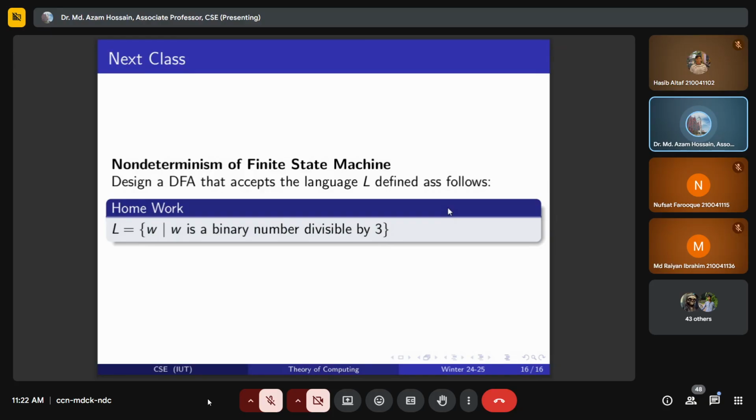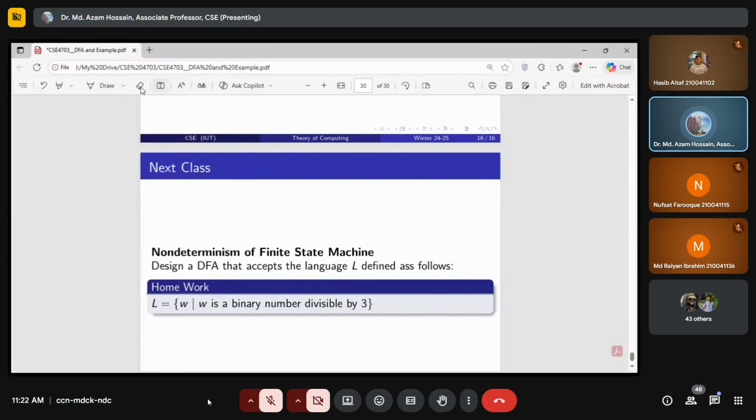Okay, I have one homework for this. Try it at home. L is a language of binary numbers divisible by 3. You already know how to design a machine for divisibility by 2. That means if it ends with 0, you can say it's divisible by 2.